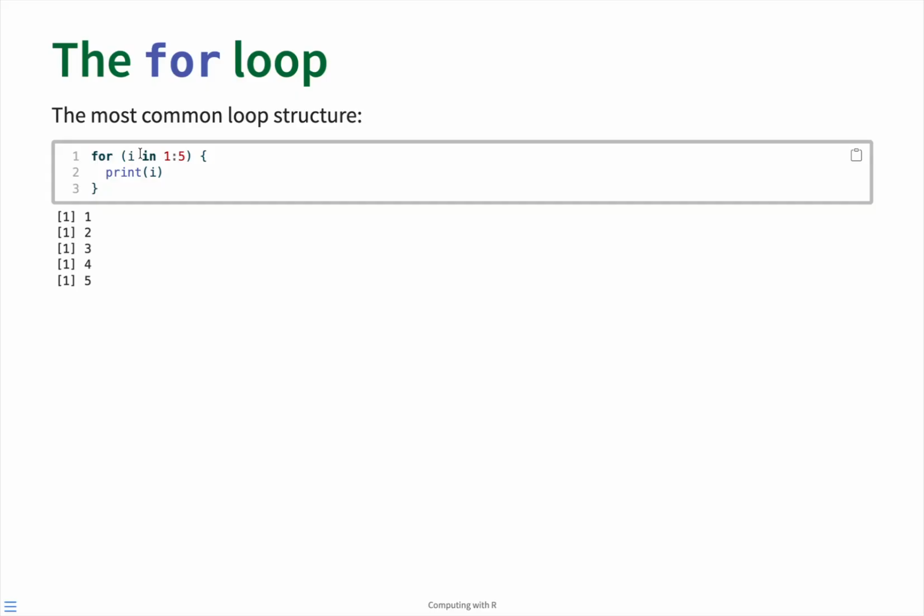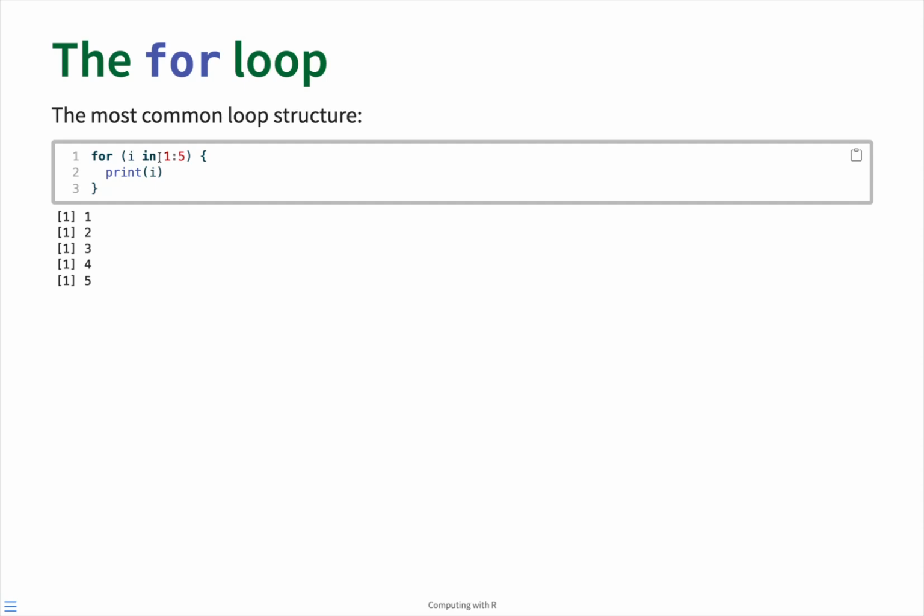You can call this anything, you don't have to call it i. This is essentially the name of a new variable that is going to be created and updated every iteration of this loop. And then after this keyword in, we have the values that we want to loop over.